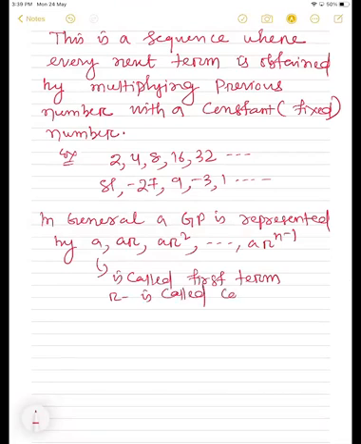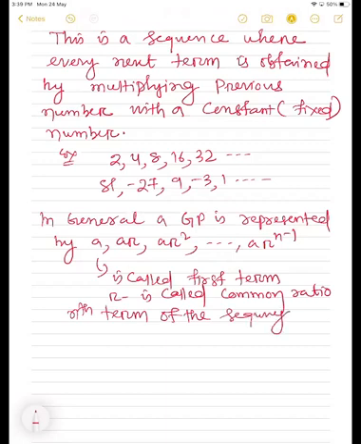Right? And the nth term of the sequence will be how much? A r to the power n minus 1, correct? This is the first term a, r is called the common ratio, and the nth term is a r to the power n minus 1, correct?